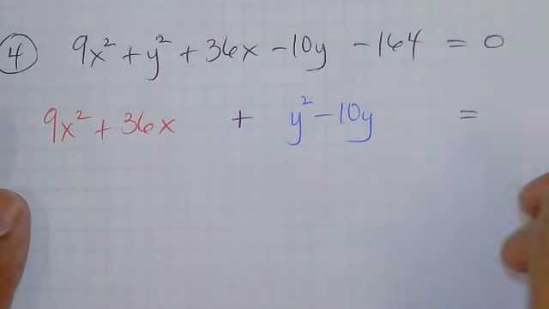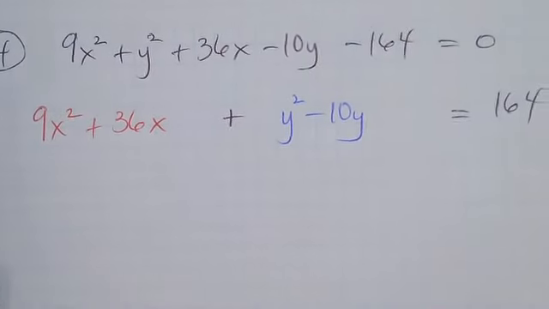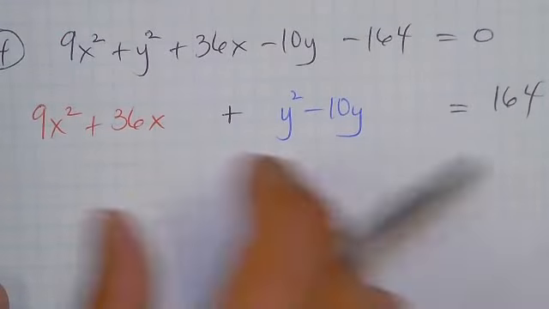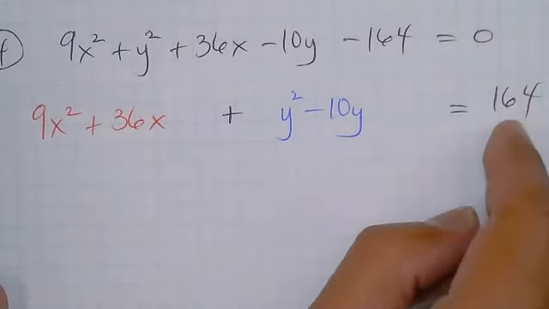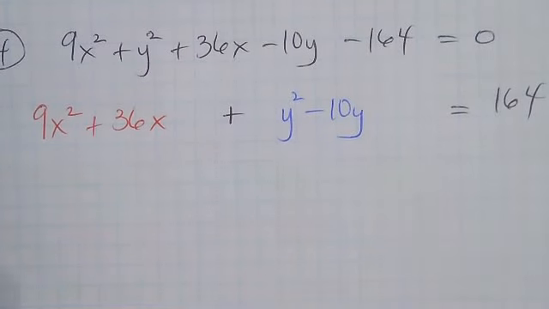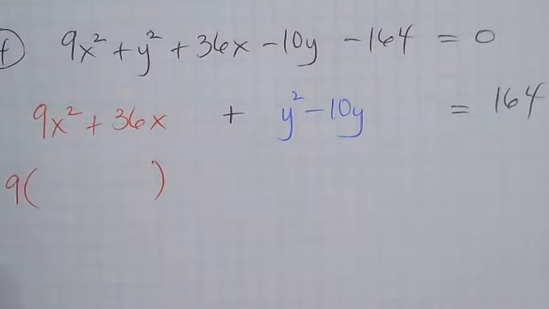Get the x's together, leave a little space, put a plus sign, get the y's together, leave a little space, equals, number thrown to the other side. Everybody good? Is that right? Gotta organize it and group the x's, group the y parts, number on the other side.